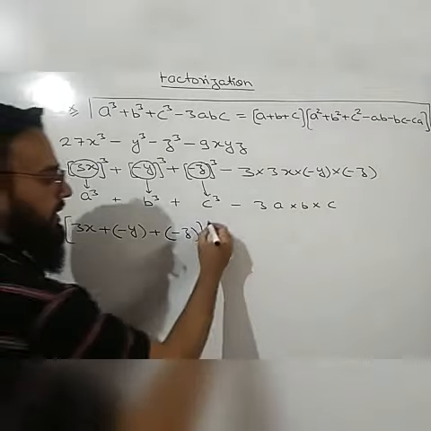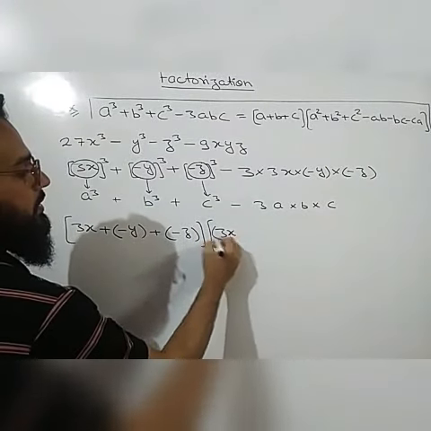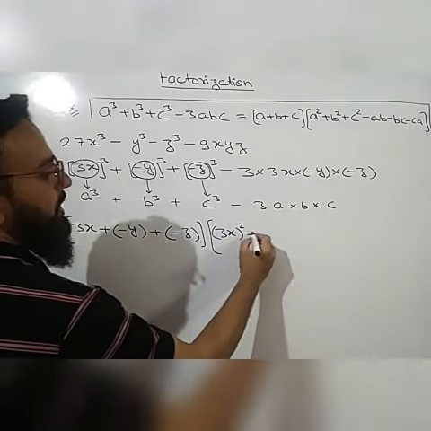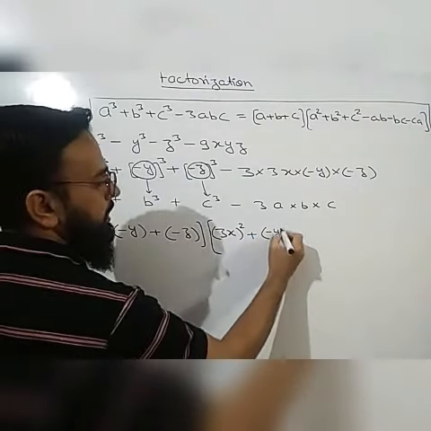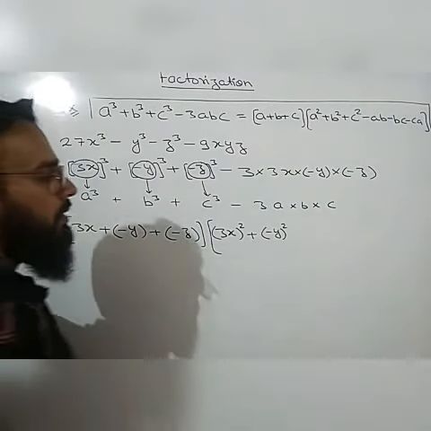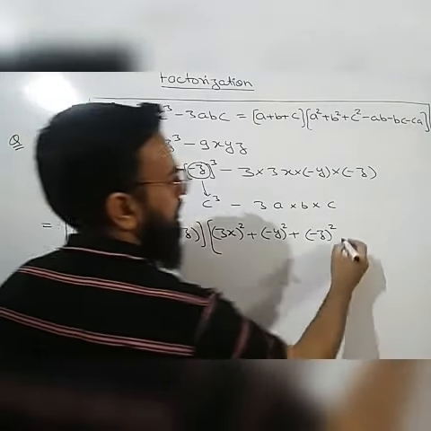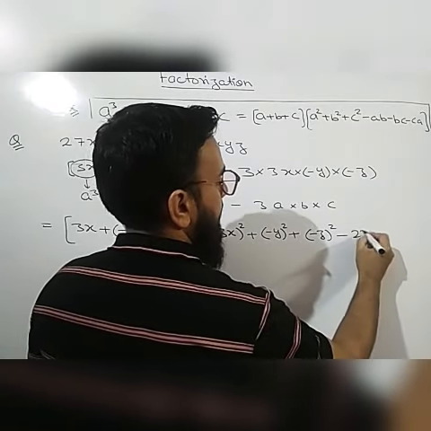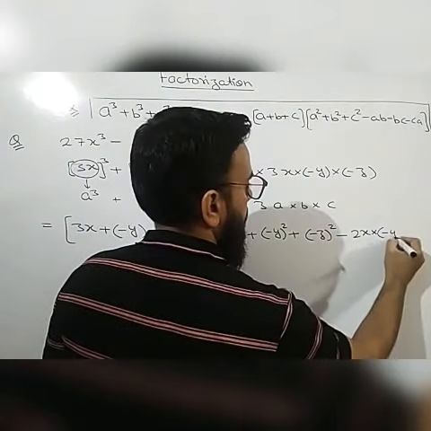Then come to the second bracket. It is a square. a square will be 3x whole square plus b whole square. So b is minus y, it will be minus y whole square, plus c square, it will be minus z whole square, minus ab, it will be minus 2x into, at the place of b, minus y.